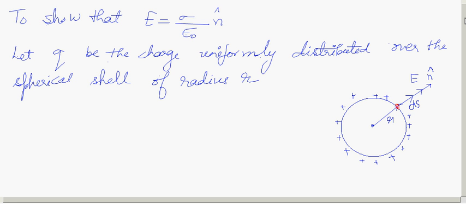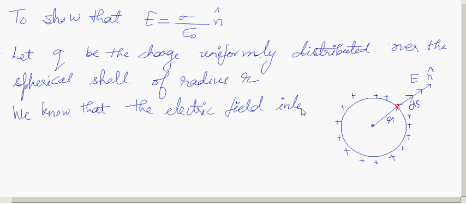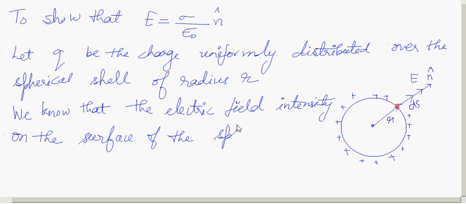So we know that the electric field intensity on the surface of spherical shell is given by one by 4 pi epsilon naught into q divided by radius square.